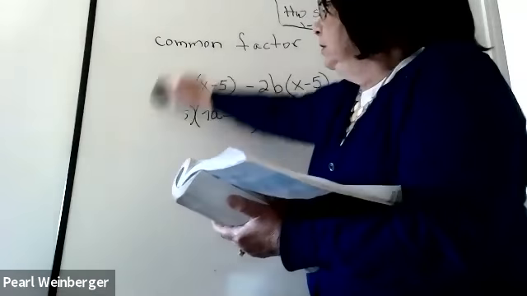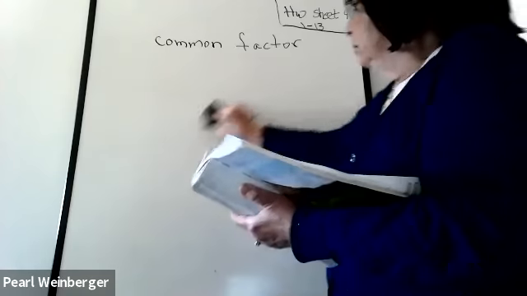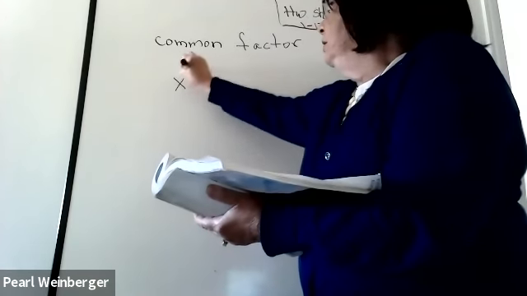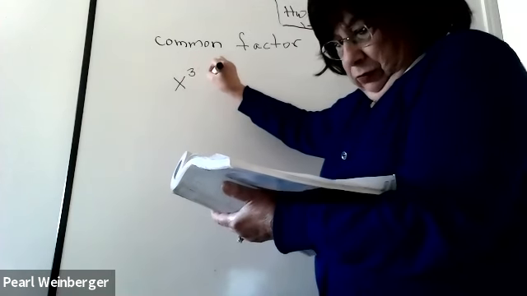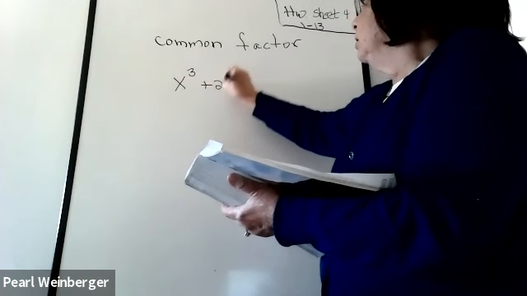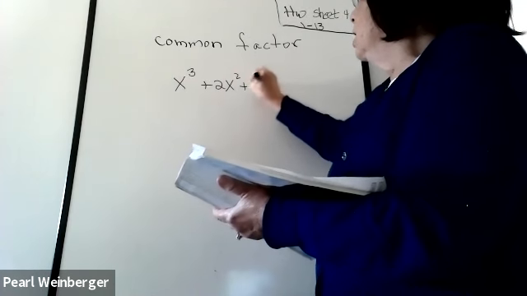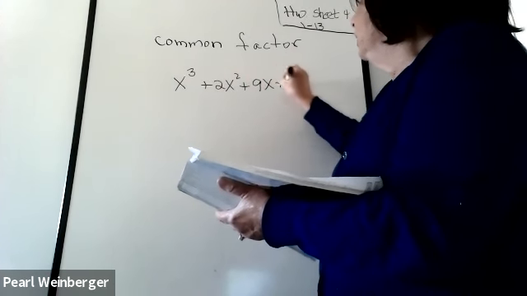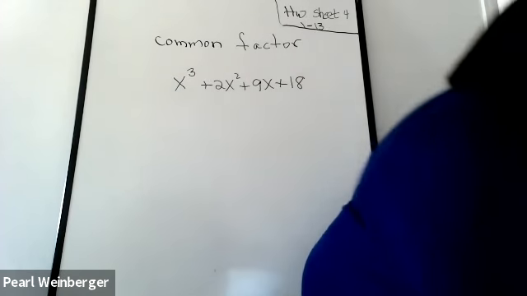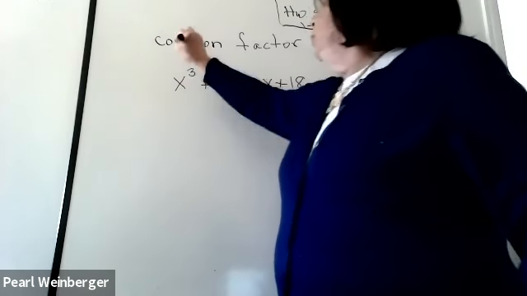Suppose I give you something that looks like this: x cubed plus 2x squared plus 9x plus 18. This method is what's called factoring by grouping.